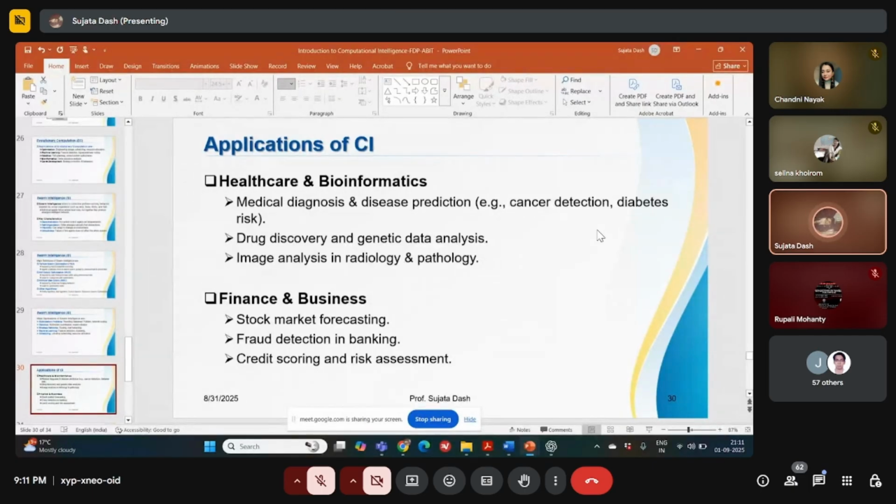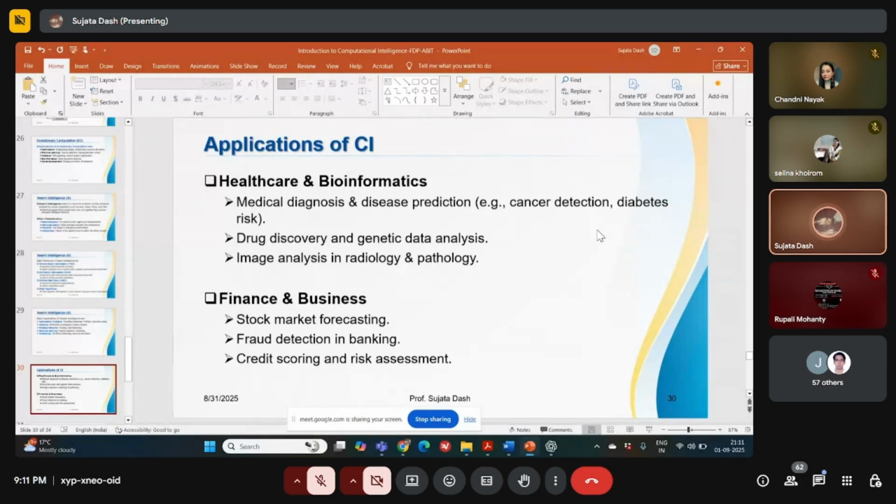All of this can be carried out very effectively using CI techniques. Then why does it matter? Because it reduces human error and provides faster, more accurate diagnosis. That is why we use CI in these applications.